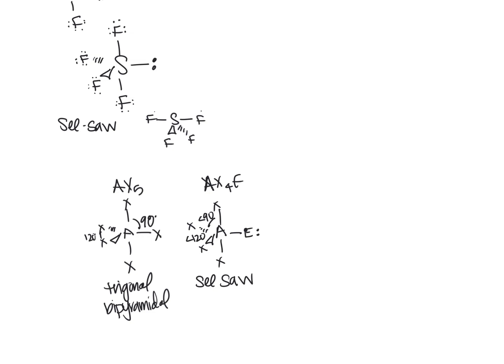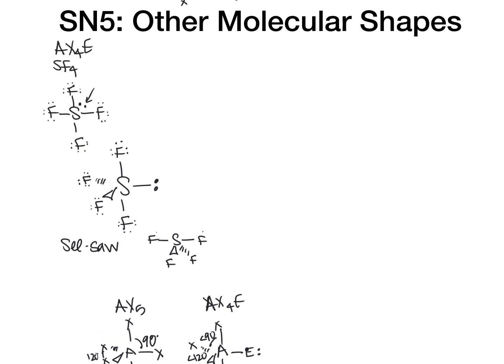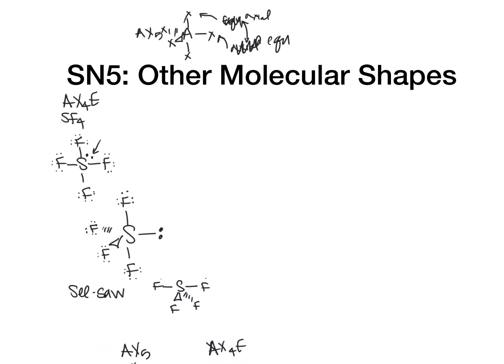So once we have this information, let's go back up and let's start looking at AX3E2. So in this case, we're going to look at BrF3, which has a Lewis dot structure of this, with all of its lone pairs hanging out.